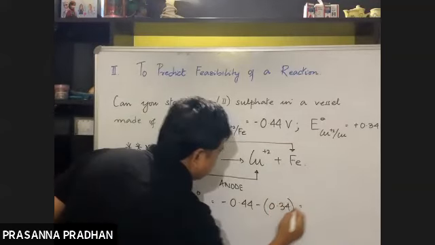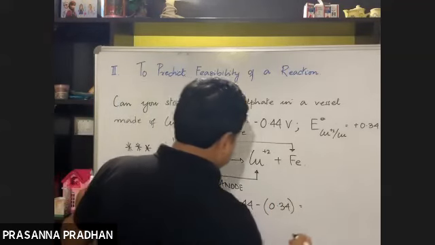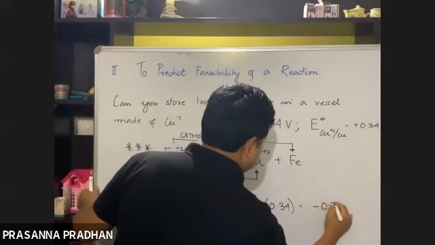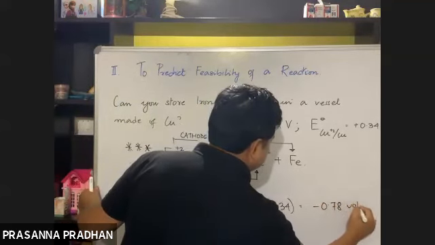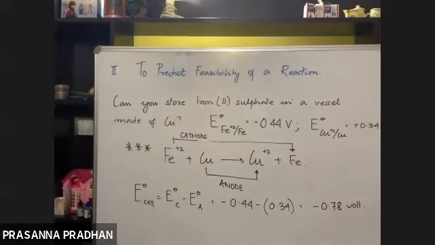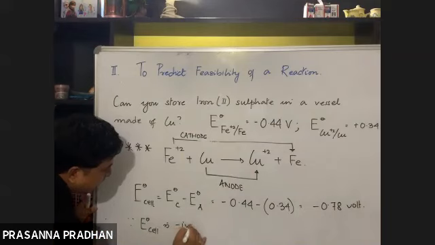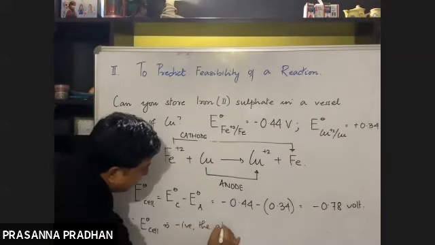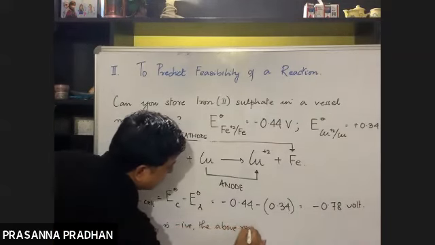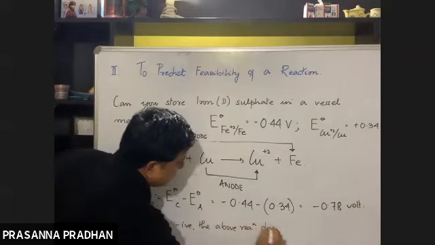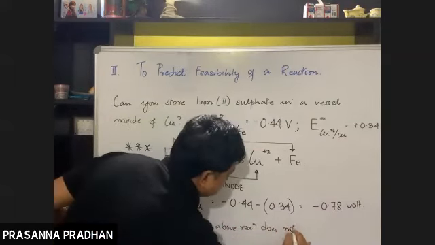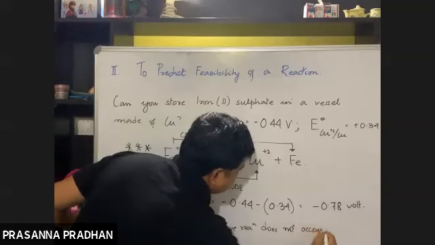So what is the answer? Minus 0.78 volt. The answer will be negative. So since E° cell is negative, the above reaction does not occur.